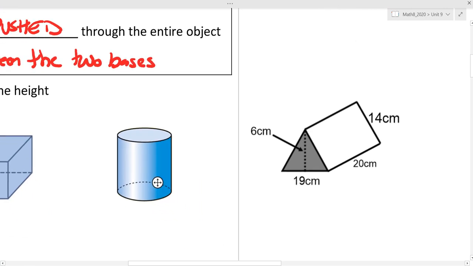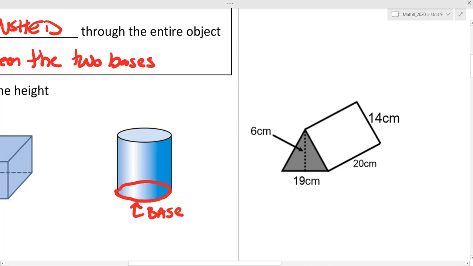So if you have a cylinder, what would its base be? What side could you push all the way through? The bottom side, or the circle, the bottom or the top, right? So the base would be this here.